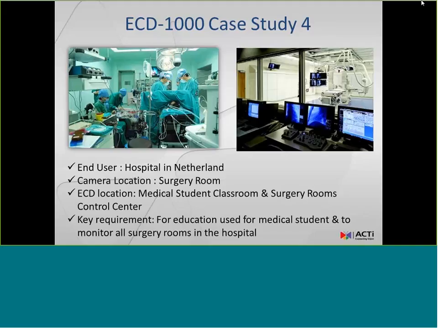So they have this kind of kit in every surgery room. And they stream it to an NVR, so they can record the view, the situation. And another stream goes to ECD 1000, which is put in the coordination room. So it's quite a simple solution.